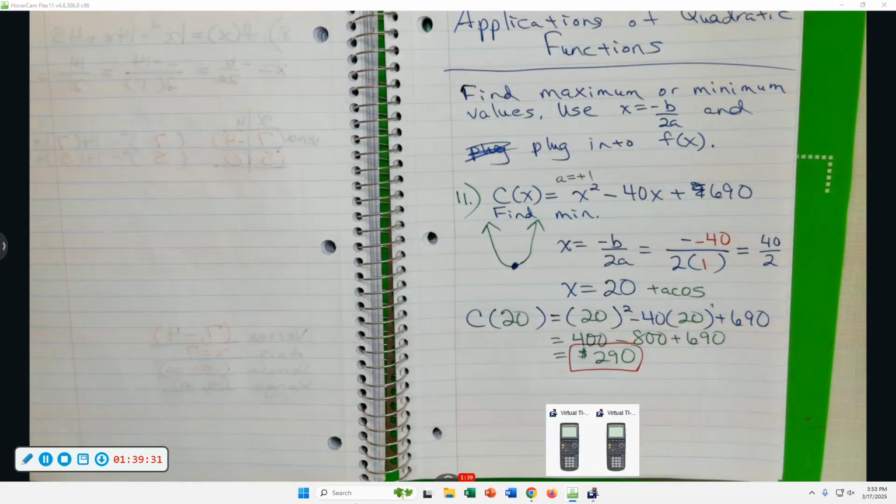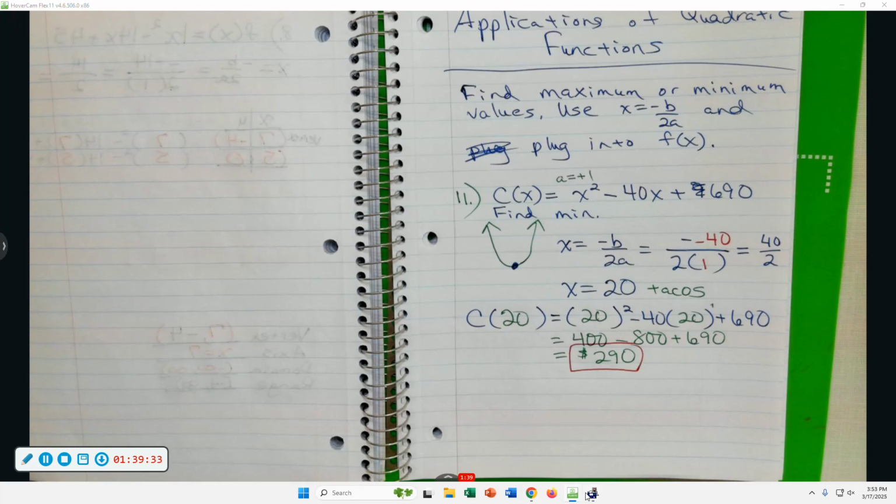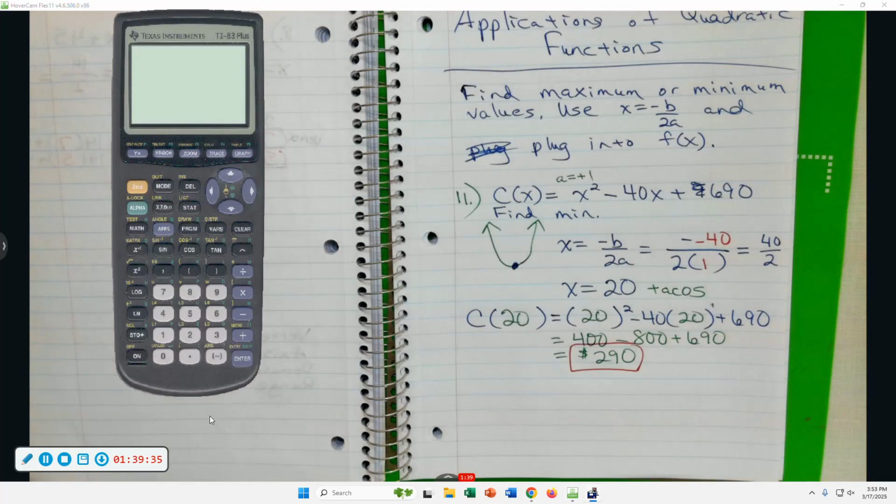All right. Where's my calculator? I know that's what you want to see, so just to verify. It's 20 squared minus 40 times 20 plus 690.